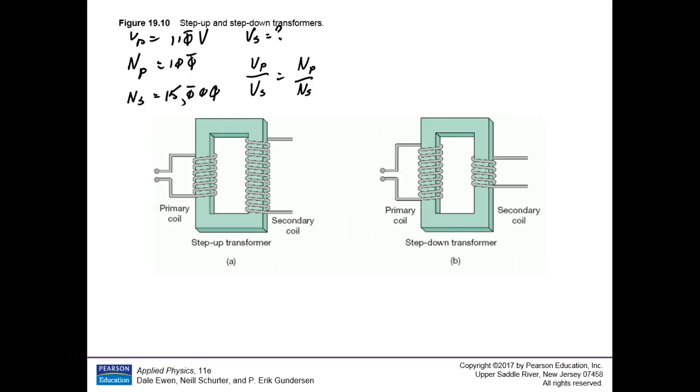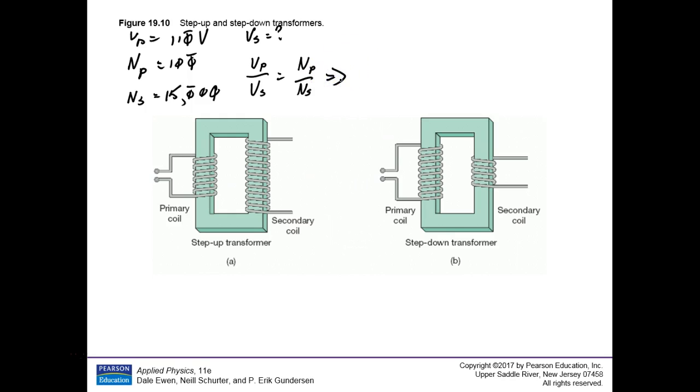You could either do V sub P over N sub P, V sub S over N sub S, or V sub P over V sub S equal N sub P over N sub S. Or you could put the S's on top. You can rearrange them any way, but the order has to be equivalent on both sides.